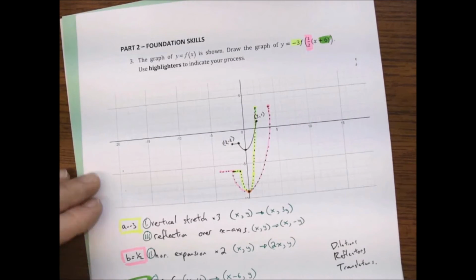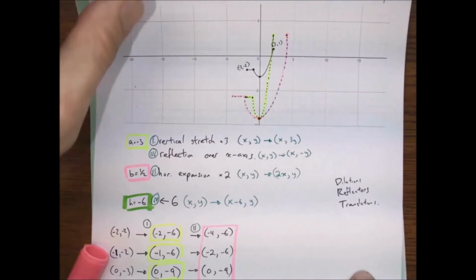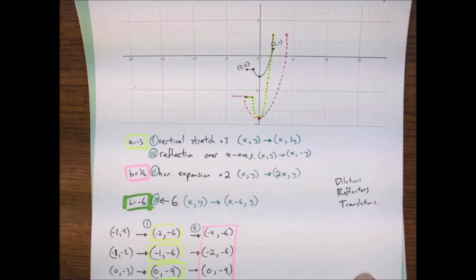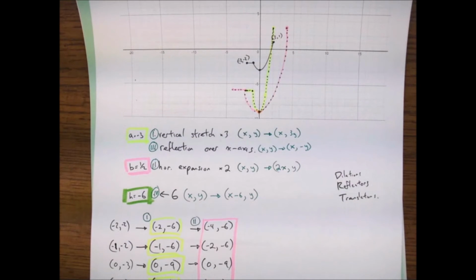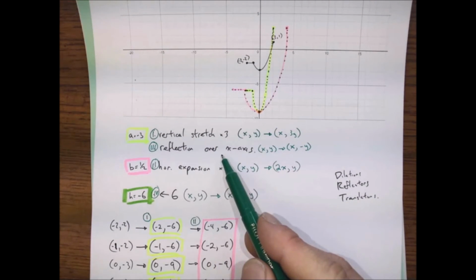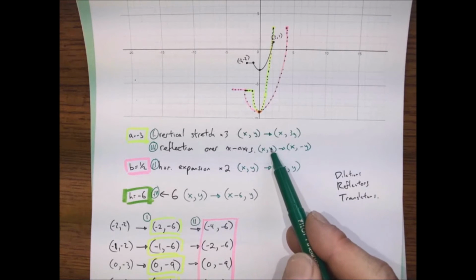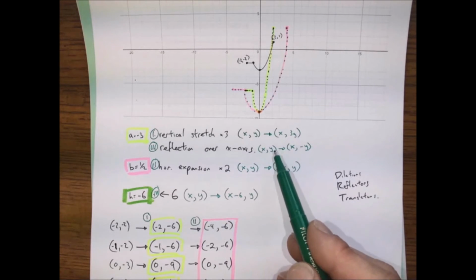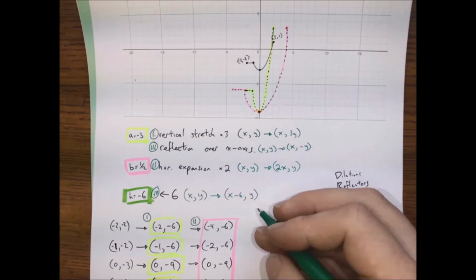All right. So next, we need a reflection. So we're going to take all of our values, x, y, and then we're going to take these y values and make them negative. If they were negative, we're going to make them positive.